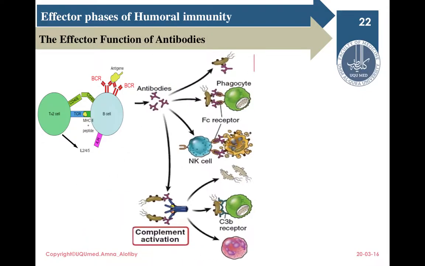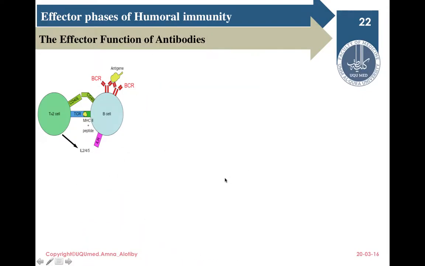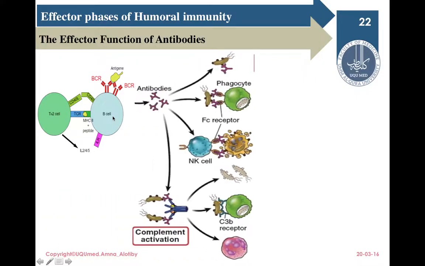So first of all, the Th2 cells, for example, will be activated by the B cell antigen presentation, and they in turn will produce IL-4, IL-5 or IL-2 to the B cells, and the antibodies are produced.